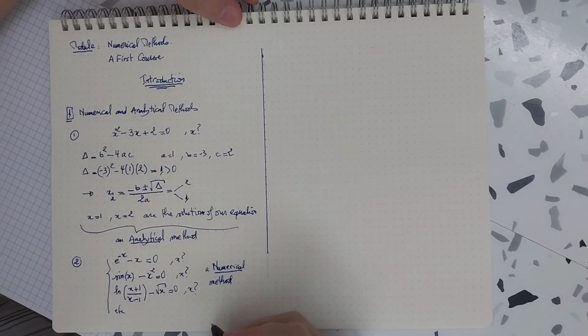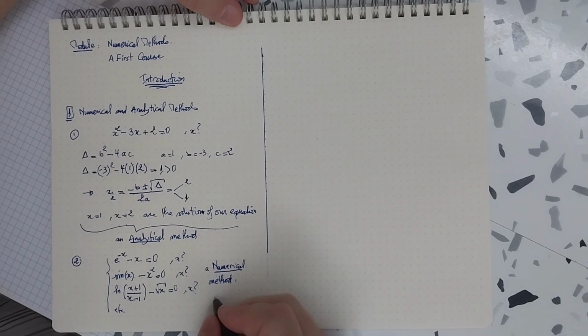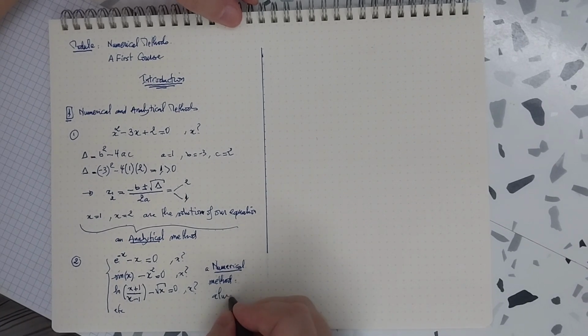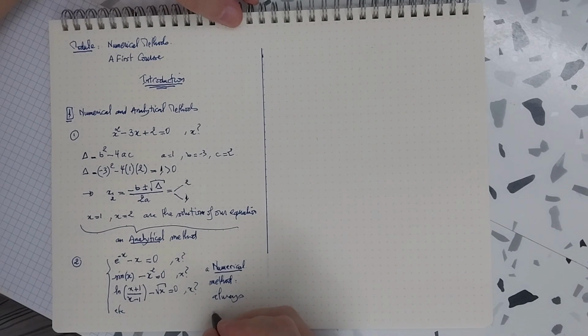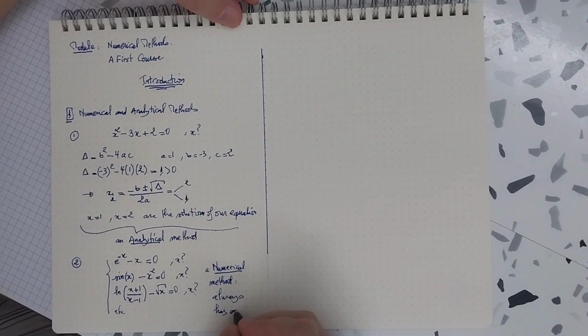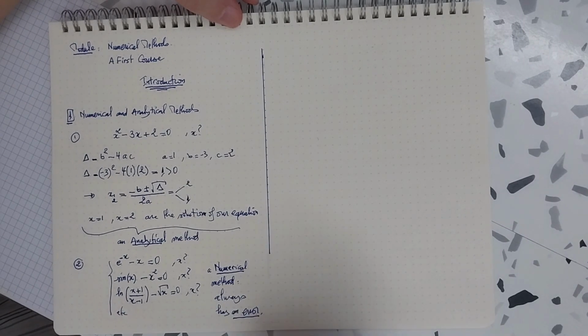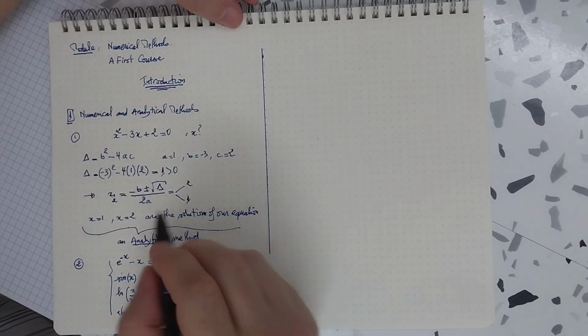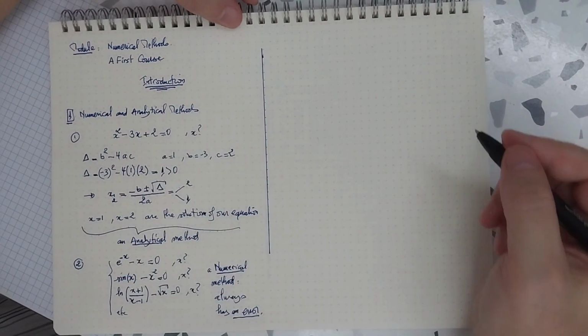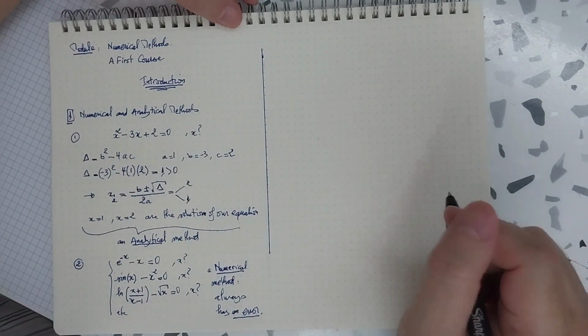There is always an error. Numerical methods always have an error, while the analytical method gives us the exact solution. So this is the difference.